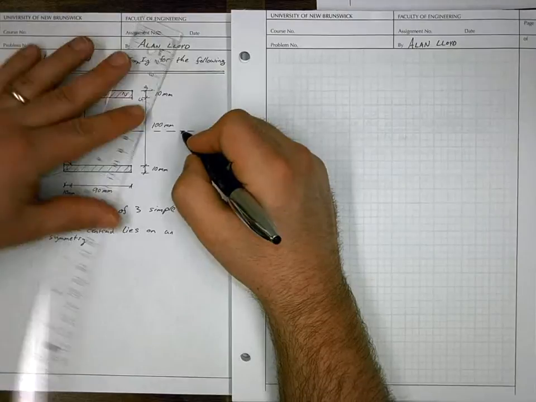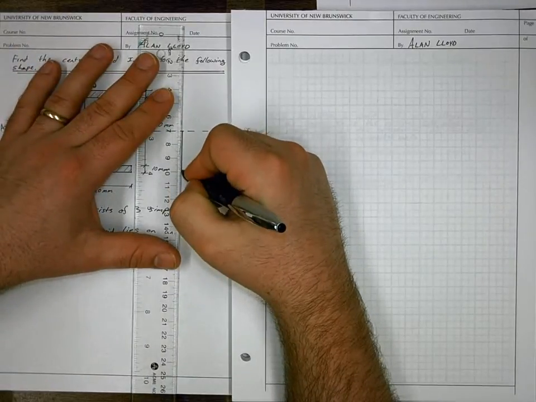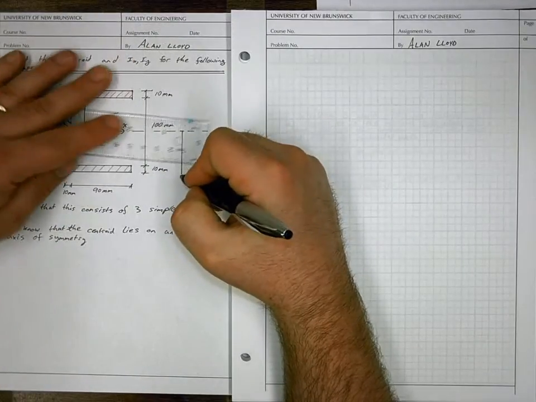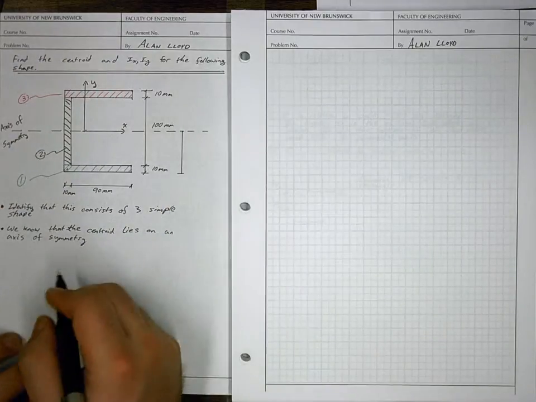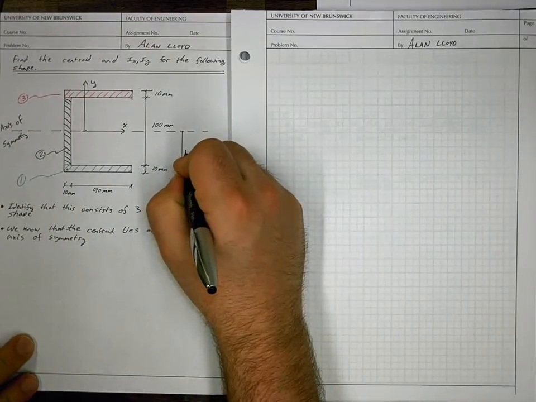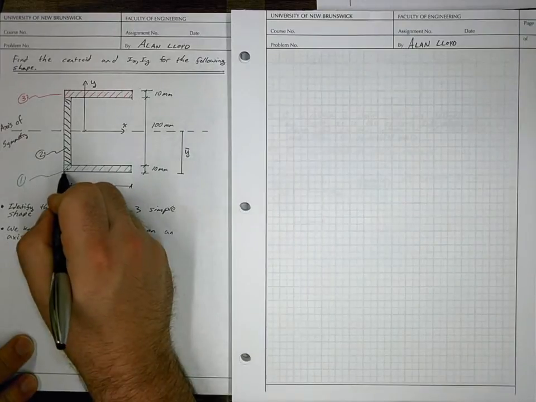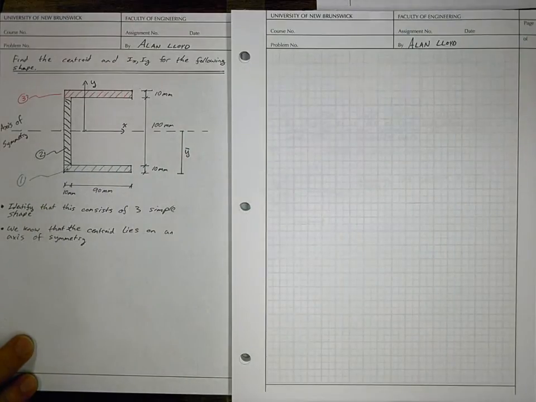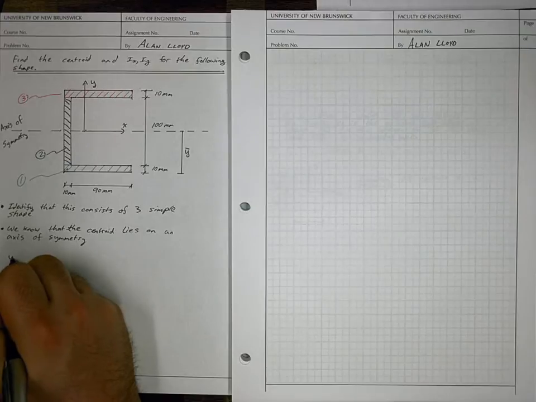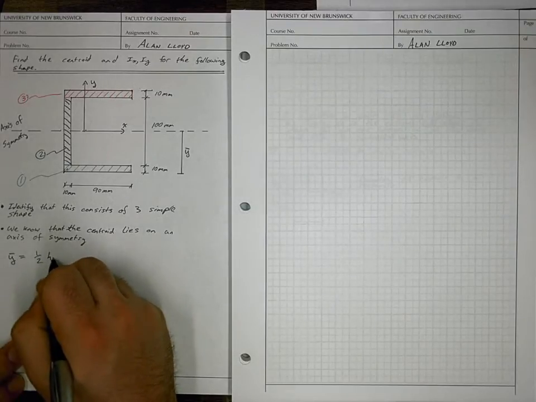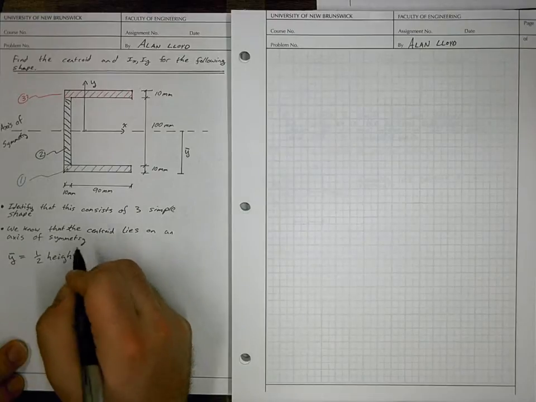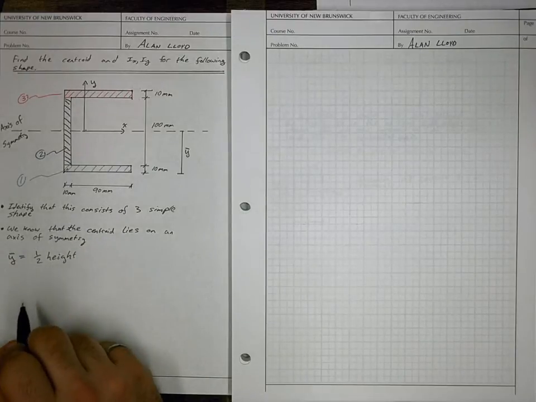And we can say that x is located simply at a height of y bar with respect to this bottom corner. And we can say that y bar is equal to 1/2 the height. And that's from the symmetry.